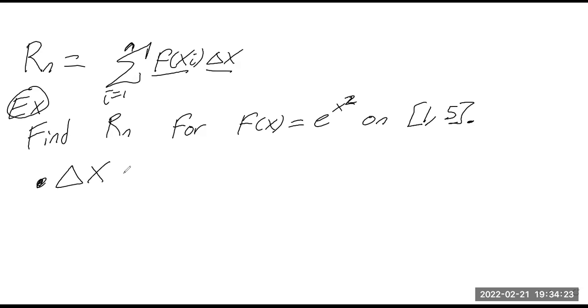Now, the delta x is always easy. Remember, in this instance, Rn means that there are n rectangles. So I'm taking the length of the interval, splitting it up n times. All right, so this is what our width would reduce to.